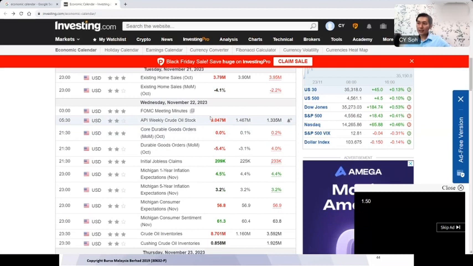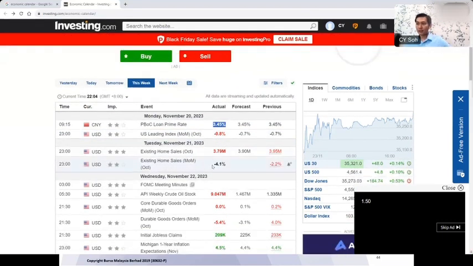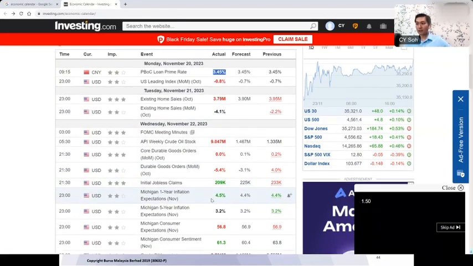So data that has already been published, you can see the actual figure, it's already there. How to know whether it is a good figure or a negative figure is that black color means it's a neutral figure, and red color is actually more tending towards a bearish figure. All right, so it's relatively easier for you to analyze. Green color would be actually a positive thing.